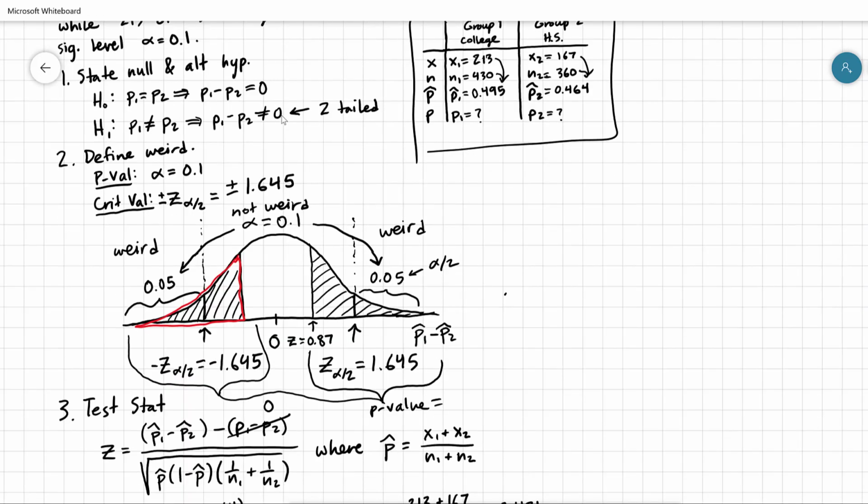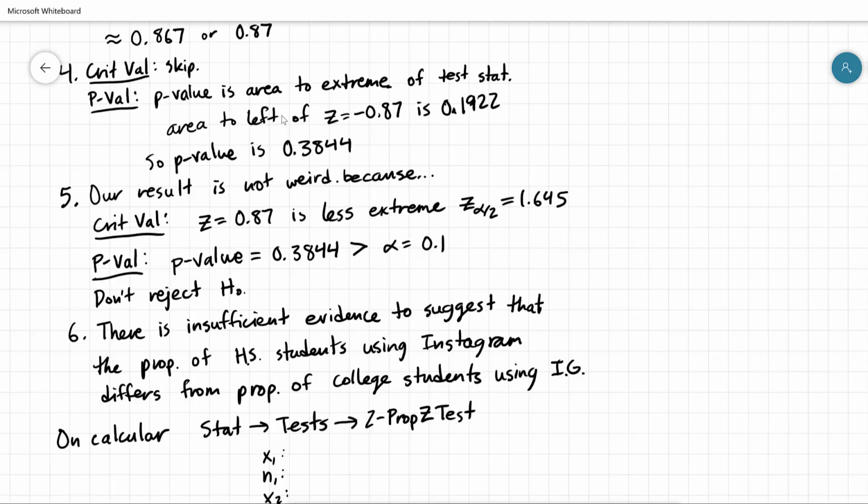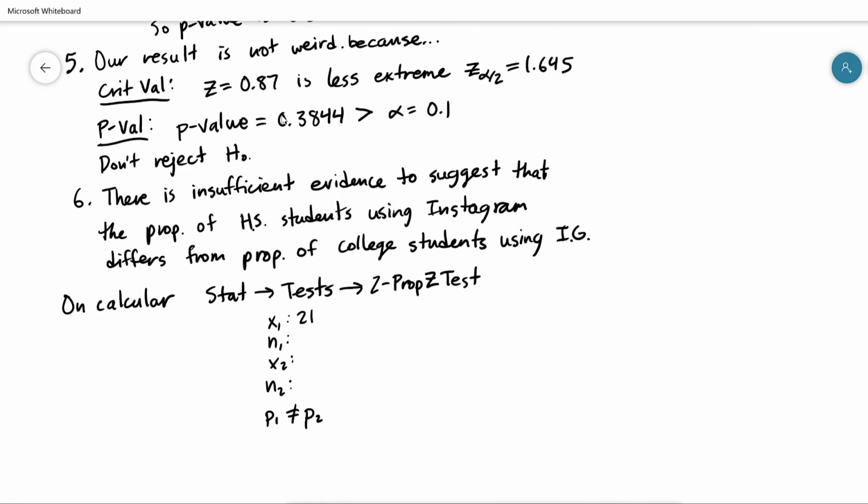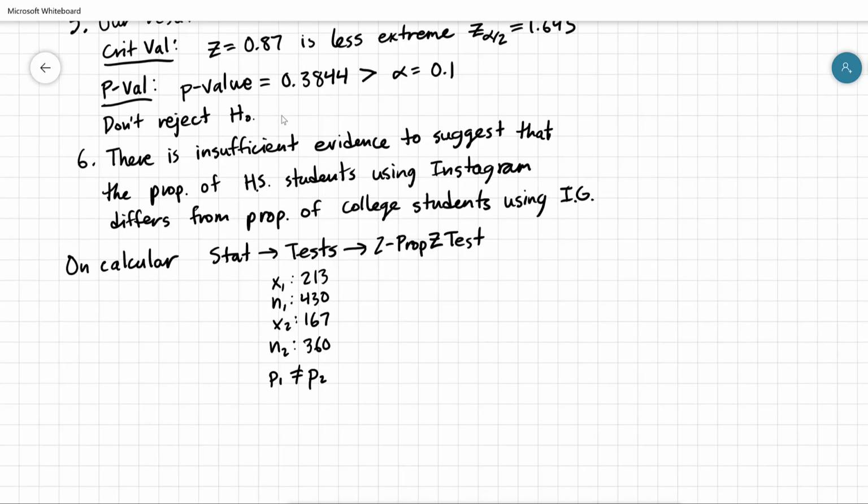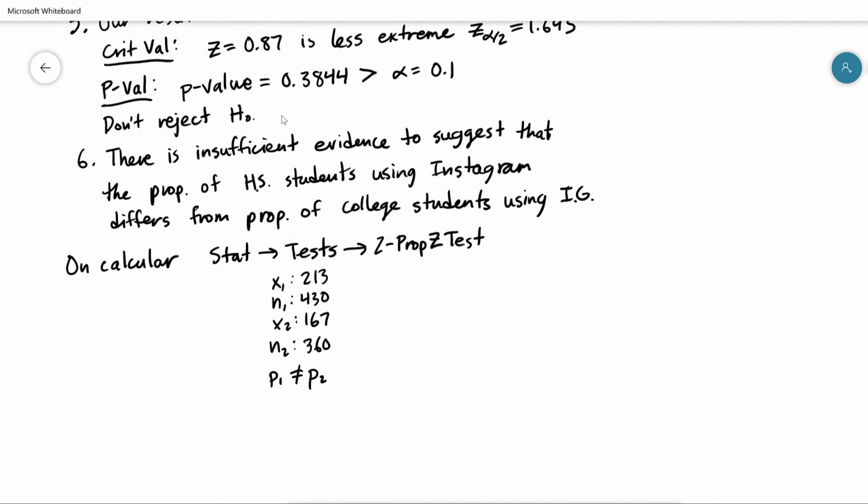So x1 is 213, n1 is 430, and so on. So this was 213 out of 430. The other one was 167 out of 360. Once we've got all of those in place, let me type mine in real quickly.